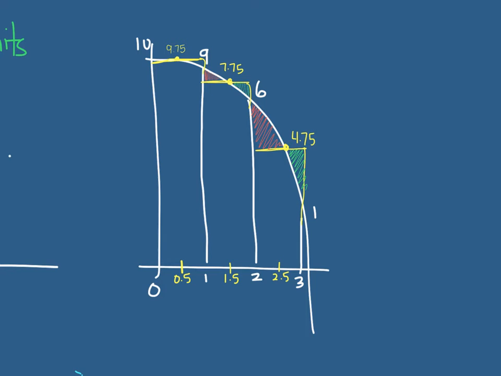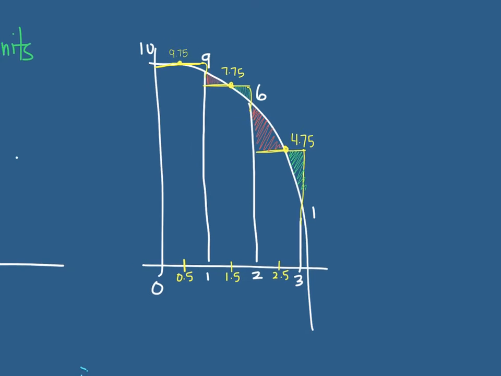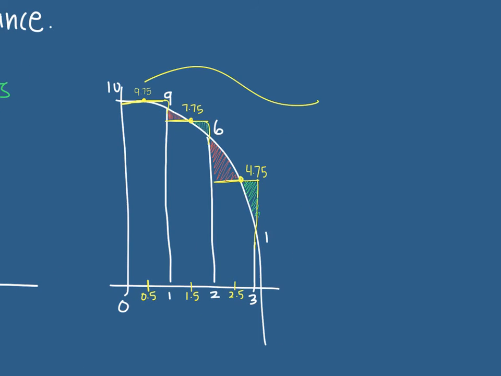Okay, so now we have rectangular heights. The bases are all 1. So the first rectangle would be 9.75 for area if the base is all 1. And then 7.75 and 4.75. Okay, can you add those three numbers together? I'll let you use your calculators for that. 9.75, 7.75, 4.75. What do you get? Say it again.